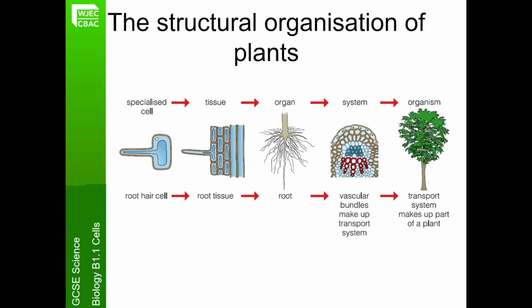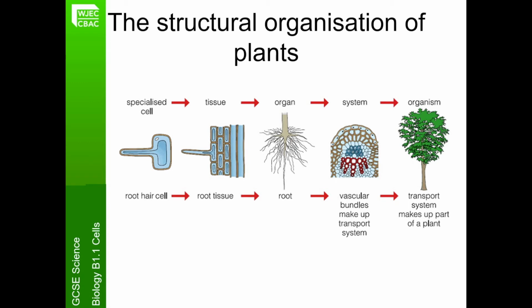Along with the structural organisation of animals, we also have a similar level of organisation in plants. So just like we would have cells, tissues, organs, systems and whole organisms, the same thing applies with plant cells. So if we go back here, we can see this is our typical root hair cell. The root hair cell is joined here to make root tissue with similar kinds of cells.